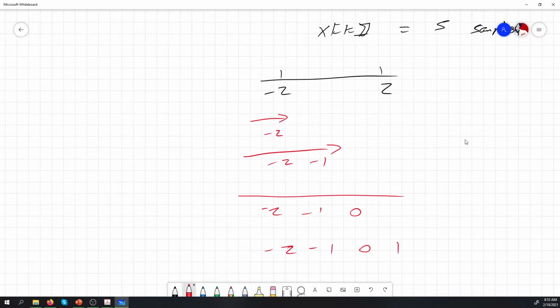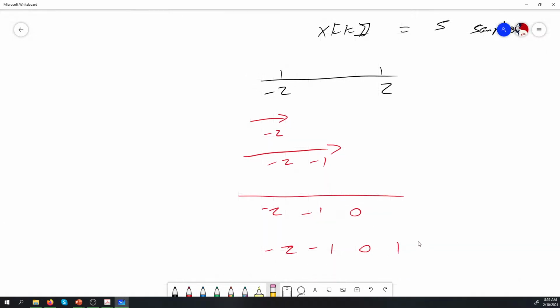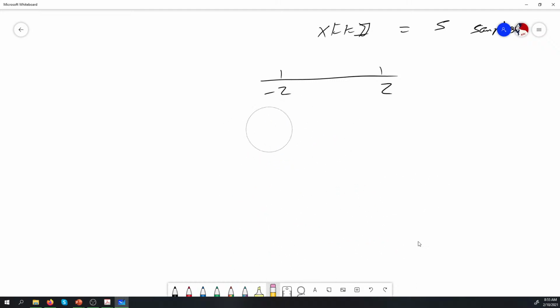Okay, maybe a 5 sample would be a little bit hard to illustrate. So let me use a 3 sample here just for clarity, to make my explanation a lot more concise.